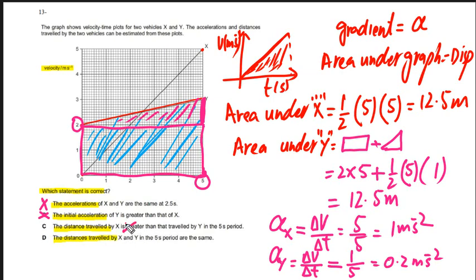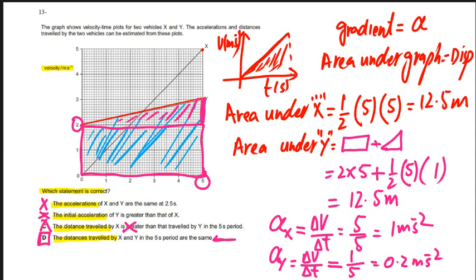No, it is not greater, it is actually equal. So this is also not the answer. The distance traveled by X and Y in the 5 seconds period are the same. Distances covered same. So this is our final answer.